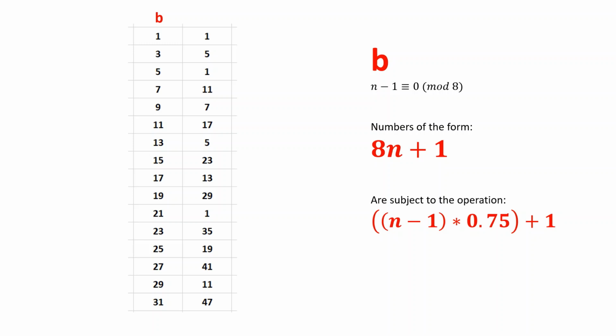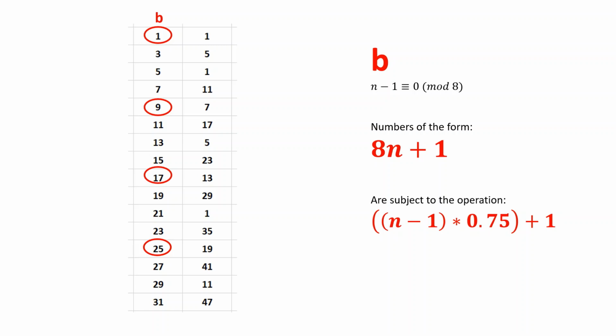The second operation is precisely (n minus 1) times 0.75 plus 1. It applies to every fourth number beginning with 1. Therefore, we can say it applies to every 8n plus 1. These numbers can be described as congruence class n minus 1 congruent 0 mod 8.